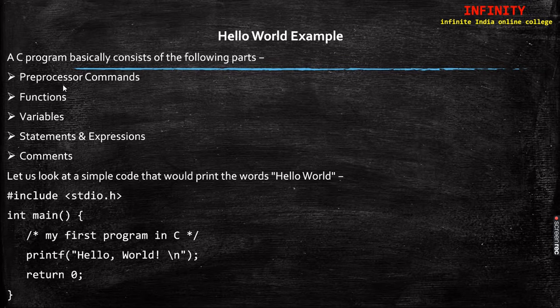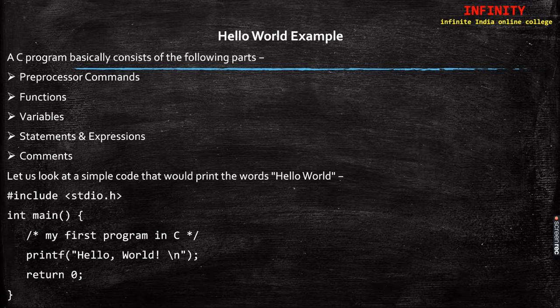At first, preprocessor commands. You may already know about the C preprocessor commands; if you don't, then I am going to explain. In the C programming language, preprocessor directives are a step performed before the actual source code compilation; it is not part of the compilation.